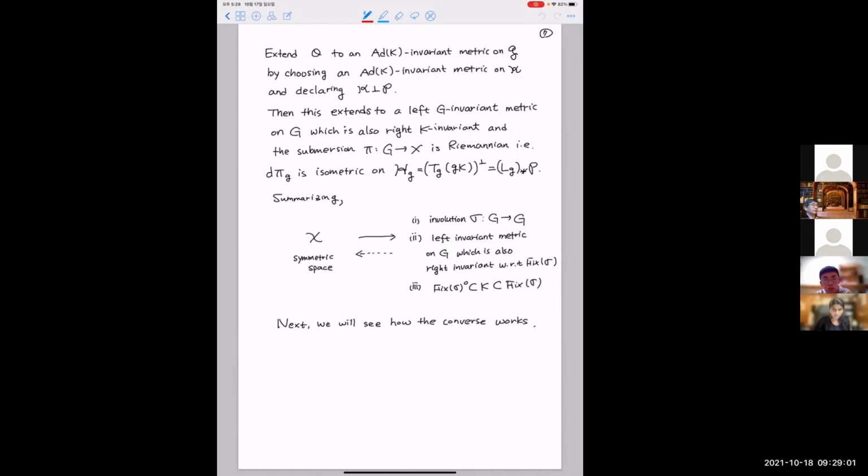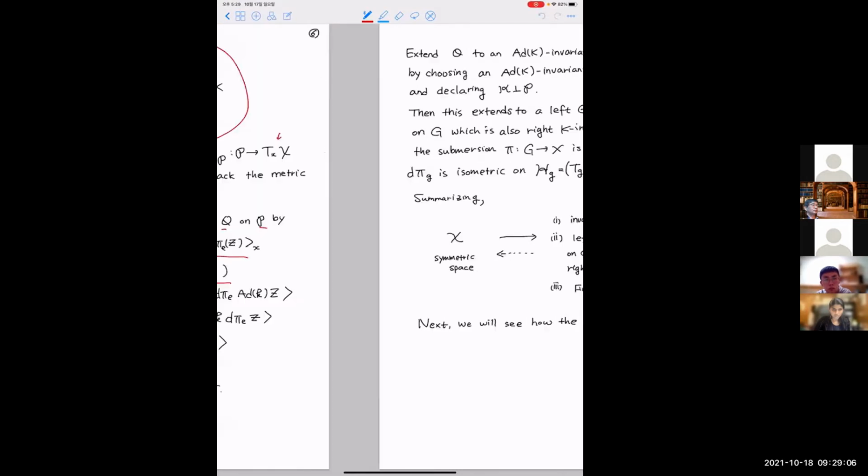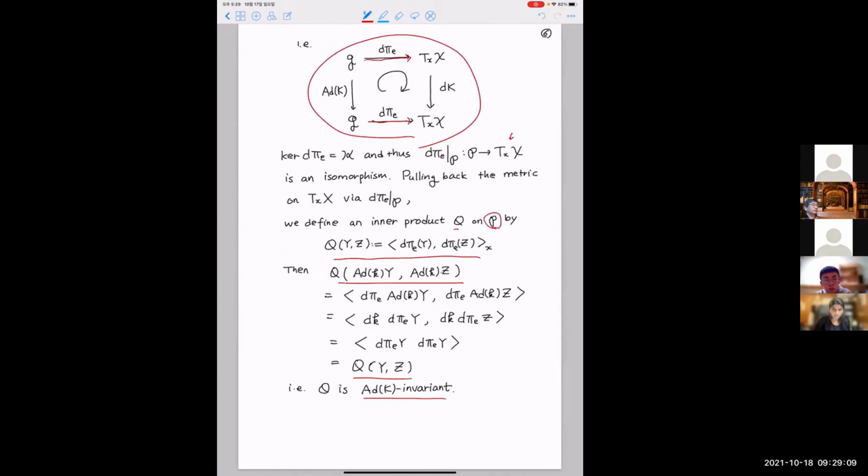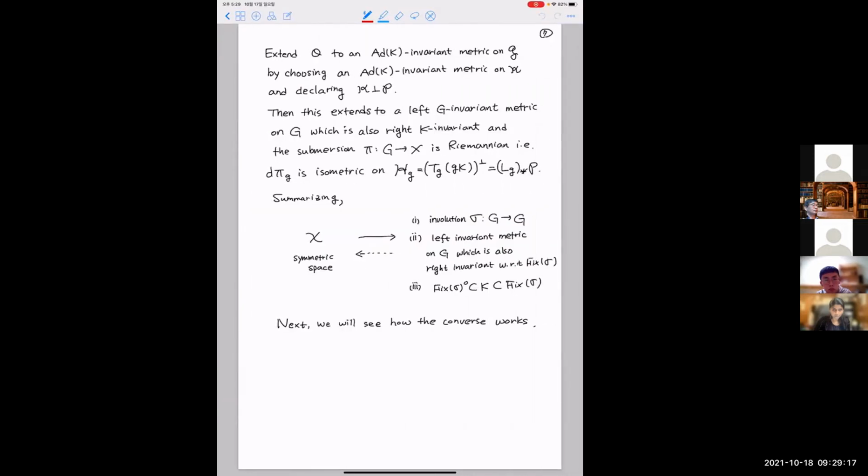Okay, so now that we have the adjoint K-invariant metric on P, we want to extend the metric to the whole real algebra of G. This is possible: just extend Q to an adjoint K-invariant metric on G by choosing an adjoint K-invariant metric on K and declaring K to be perpendicular to P. Okay, so this extends.